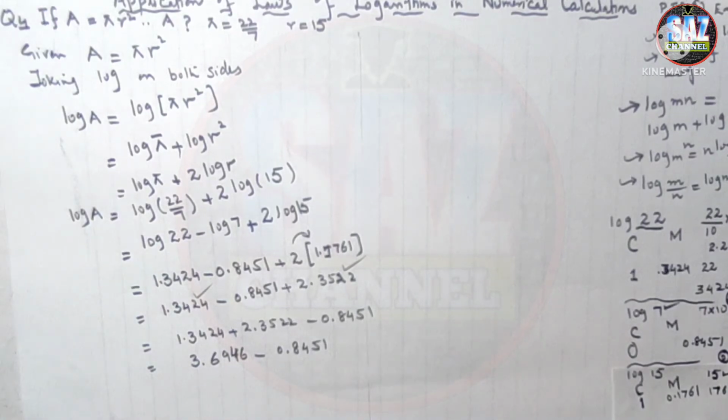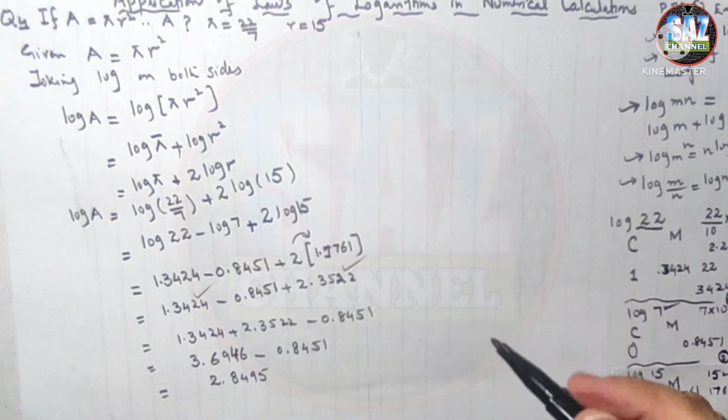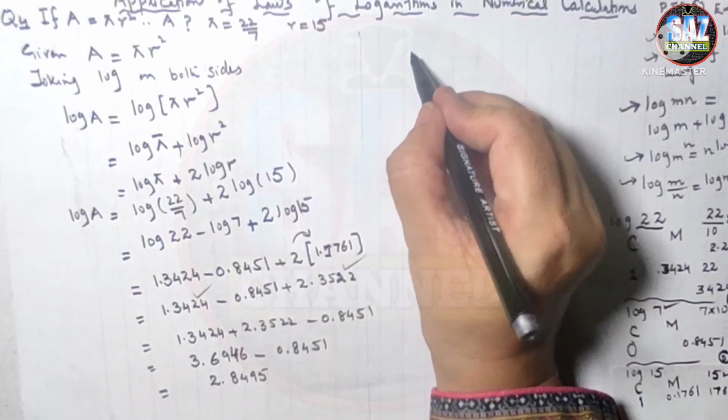Now subtract 0.8451 from 3.6946, and this gives me 2.8495. This is the answer for log of A.